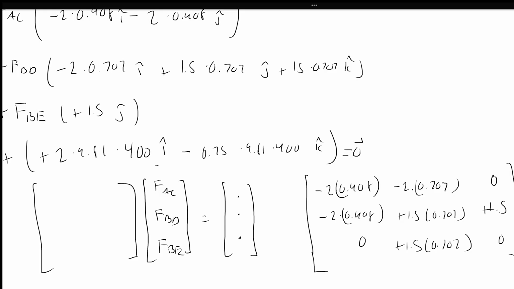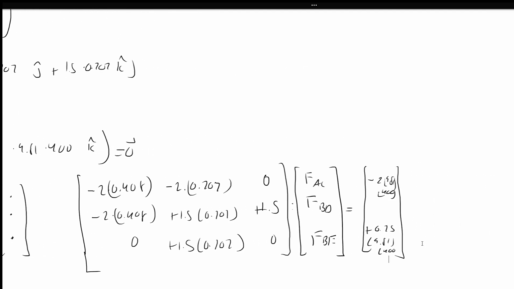Okay, on this side we want the negative of this, so it'll be minus 2 times 9.81 times 400, and down here it'll be plus 0.75 times 9.81 times 400. Sorry for this being super messy. I'll rewrite it in a second. I just had to slide this over.